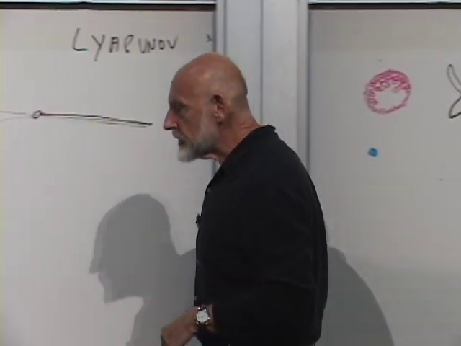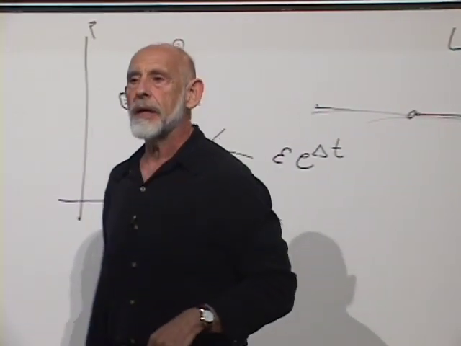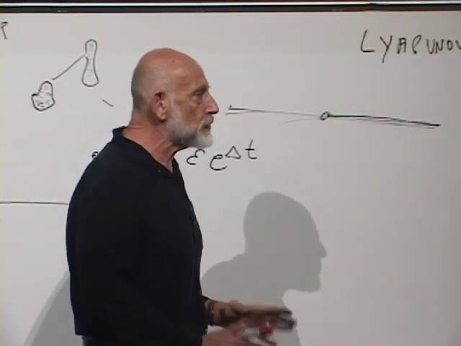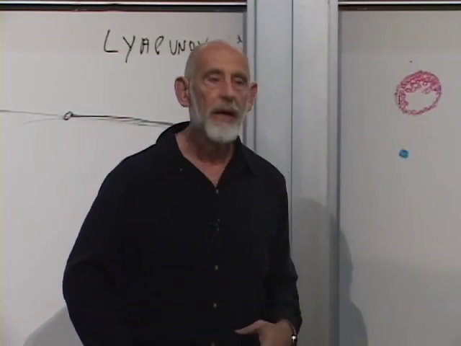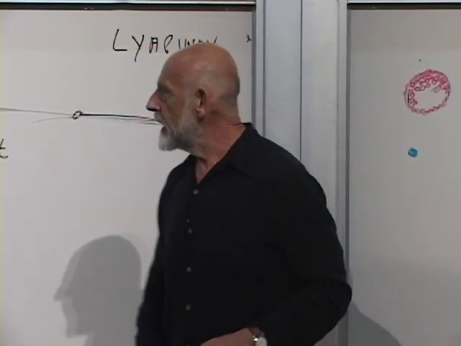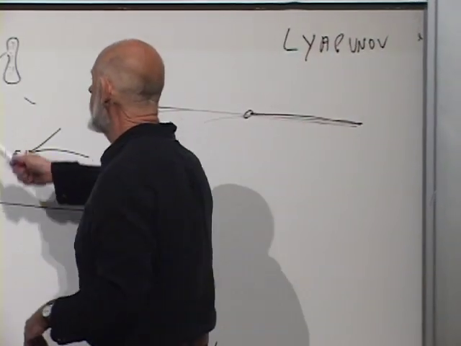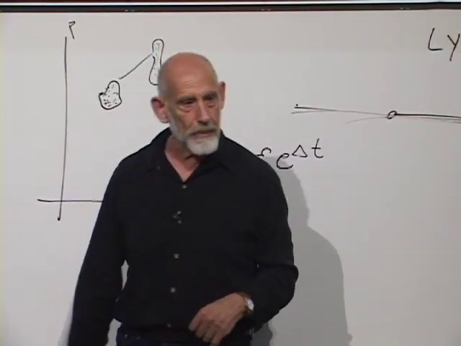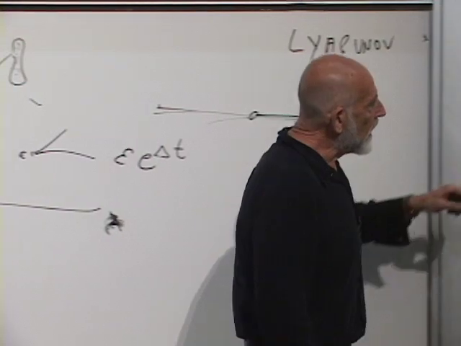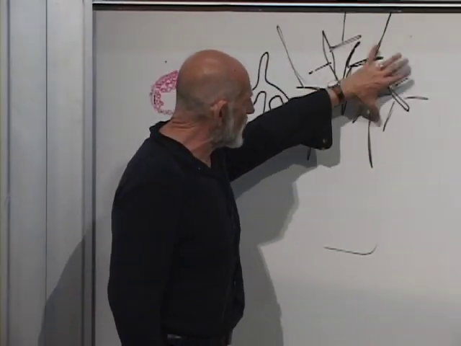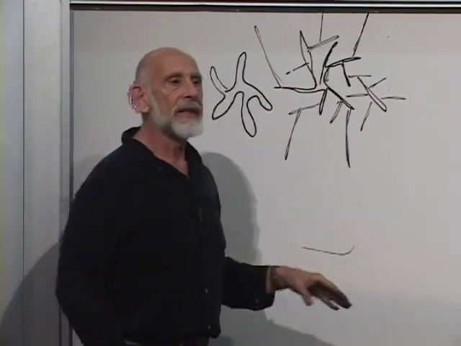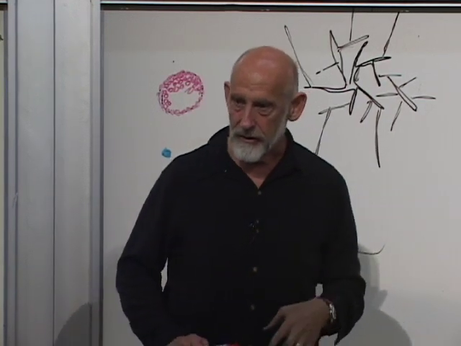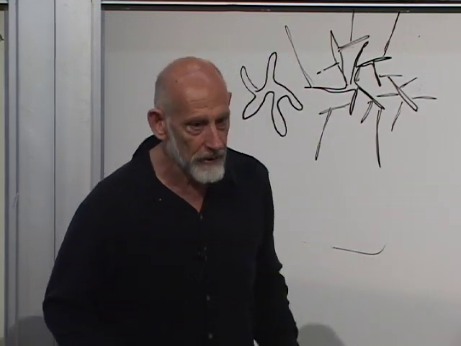So now we have to distinguish between the fine-grained entropy and the coarse-grained entropy. The fine-grained entropy is the exact logarithm of the volume of the phase space, keeping track of the infinitely fine-grained structure of phase space. That never increases. That is frozen by Liouville's theorem.